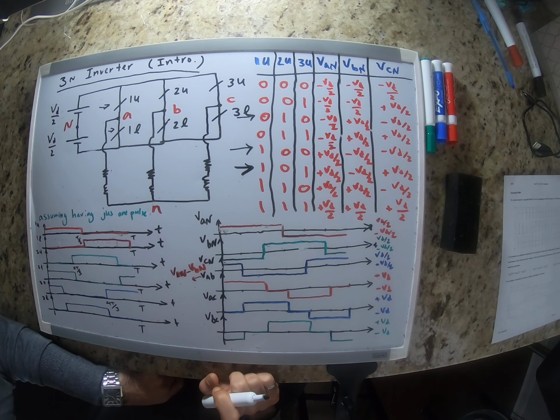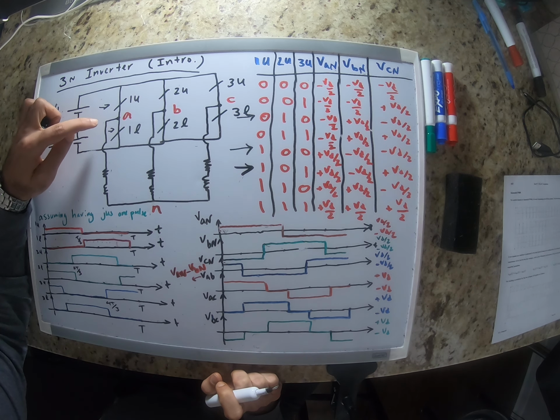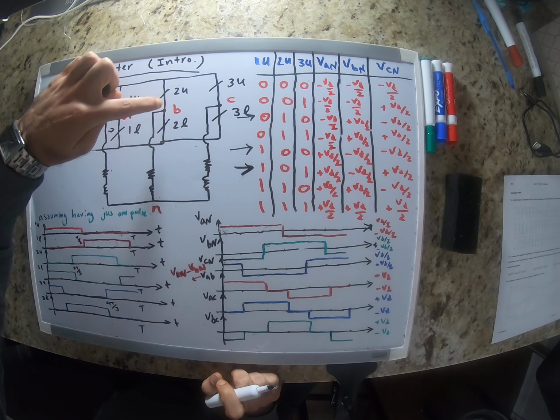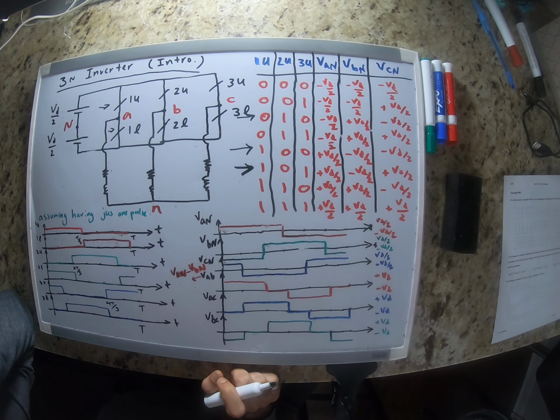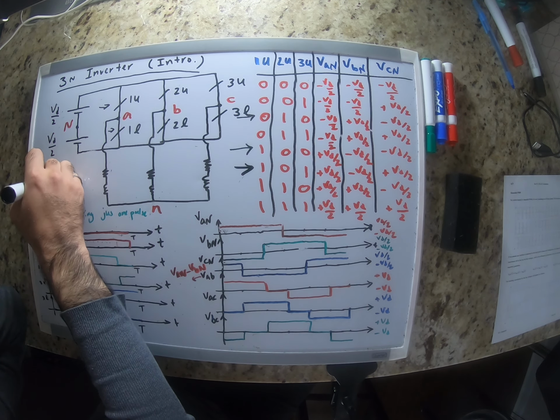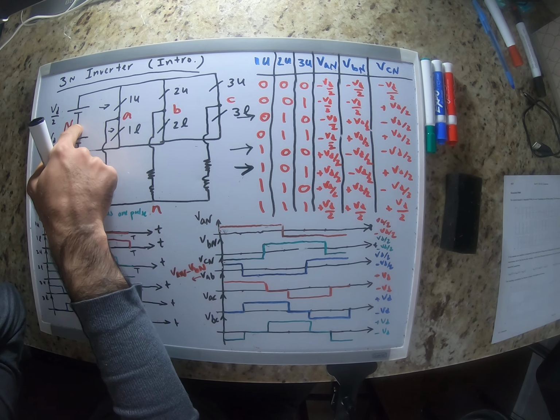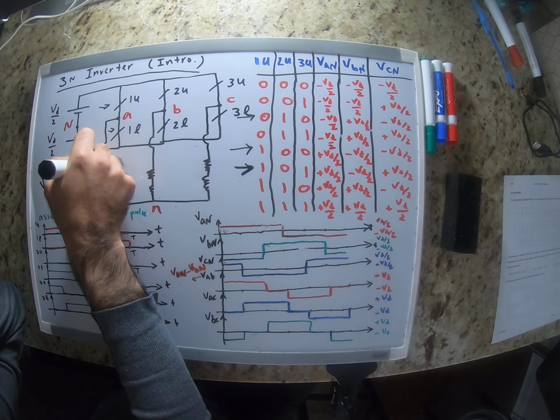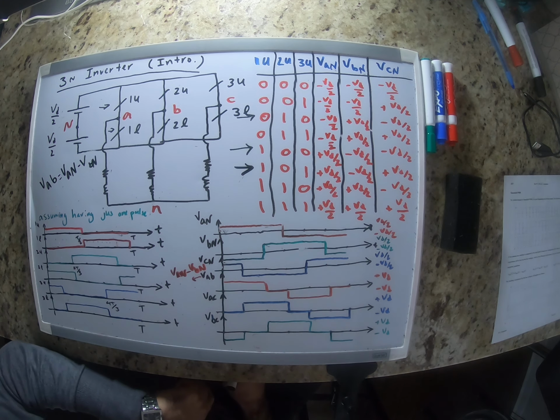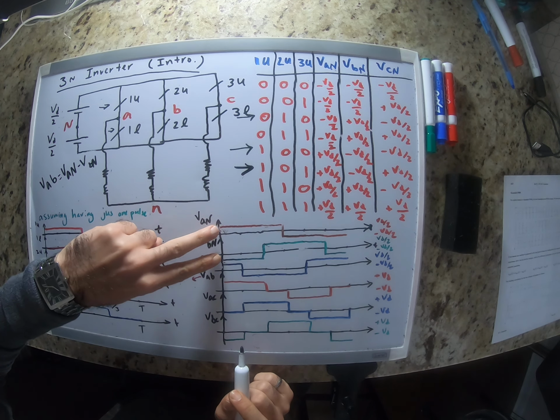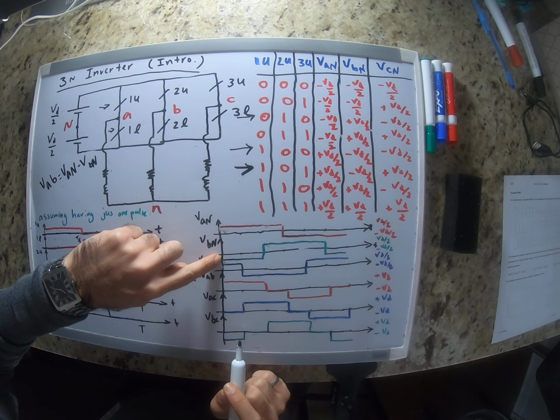Now what we want to look at is line to line voltages: VAB, VAC, and VBC. So let's draw that, right? VAB is going to be equal to voltage of phase A versus neutral minus voltage of phase B versus neutral. So to draw VAB, I just need to subtract this signal from here.